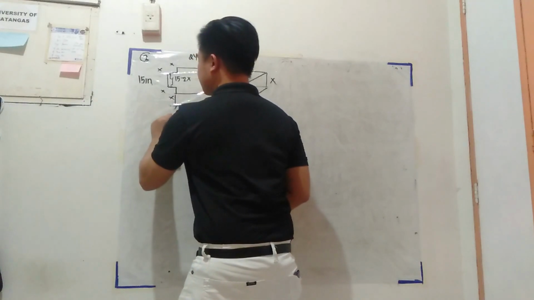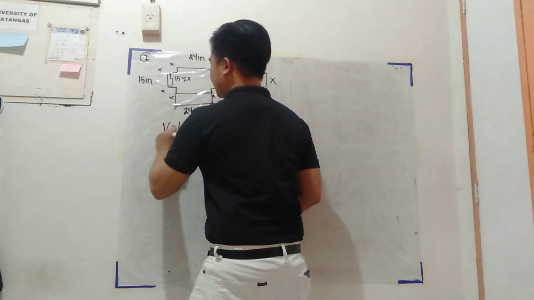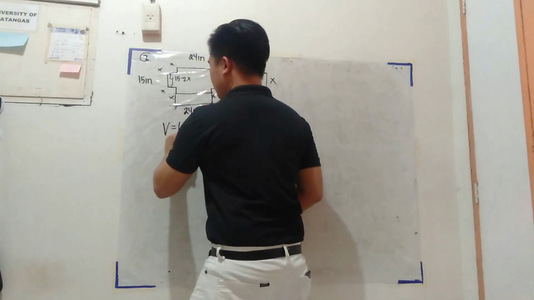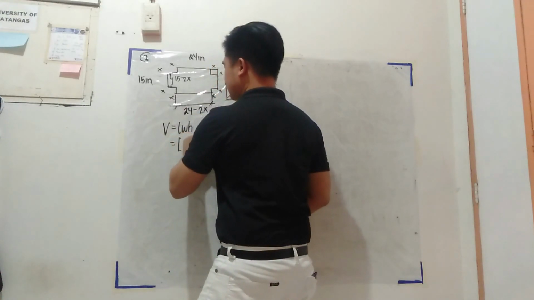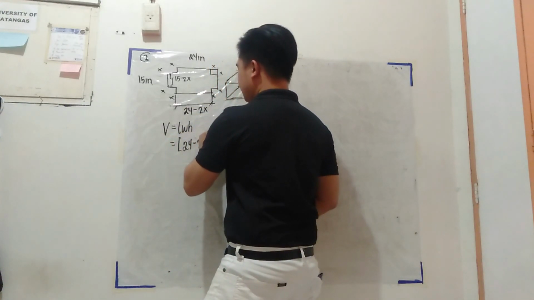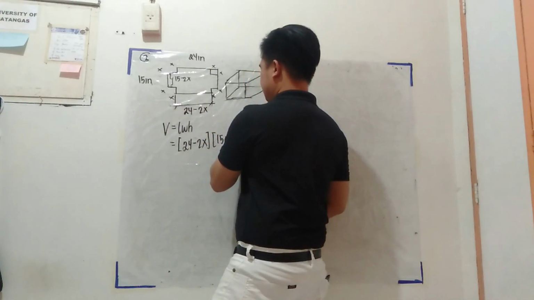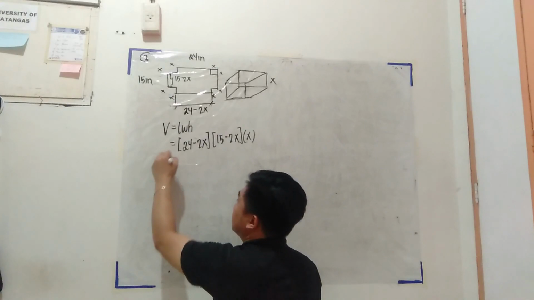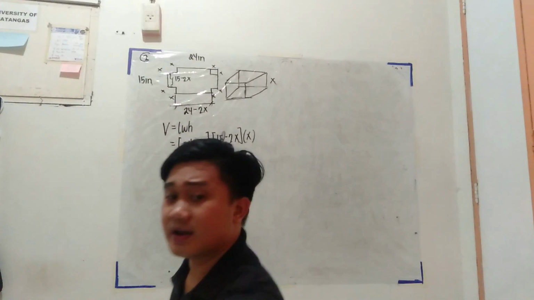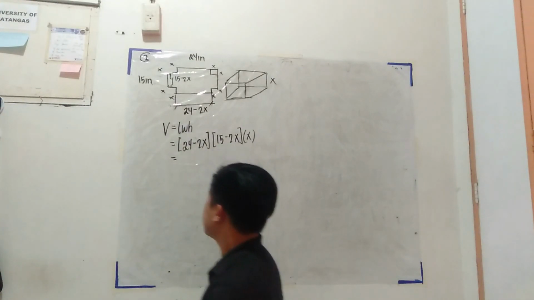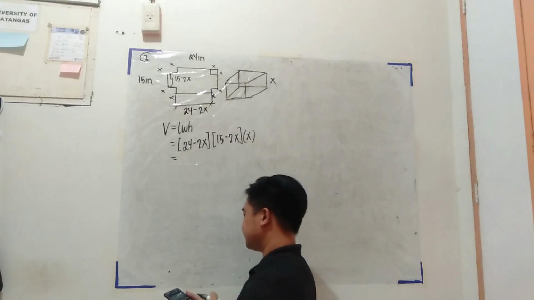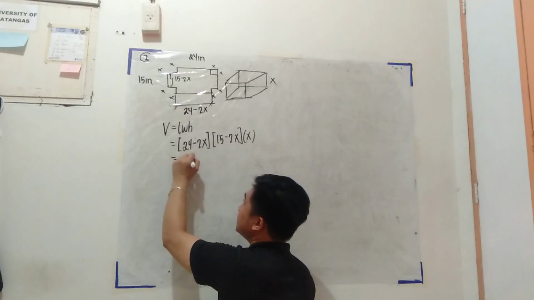So, volume is equal to length times width times height. This is equal to (24 minus 2x) times (15 minus 2x) times x. Okay? So, 24 times 15, that's 360.